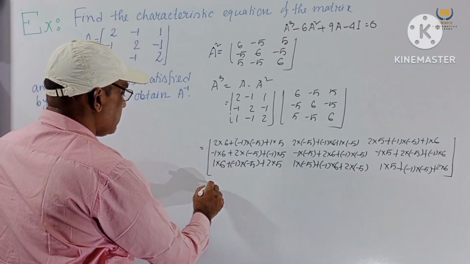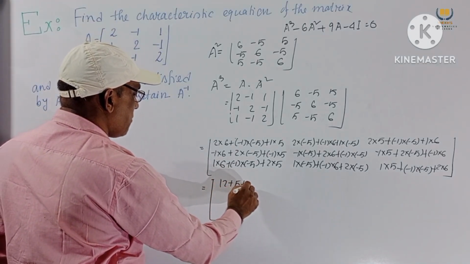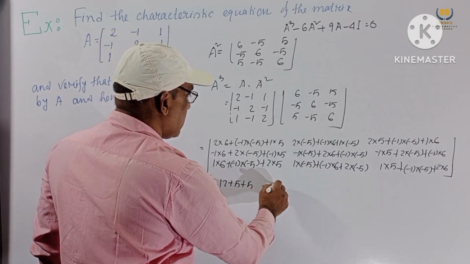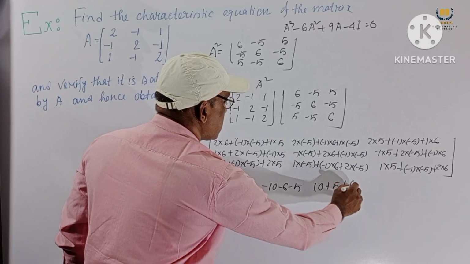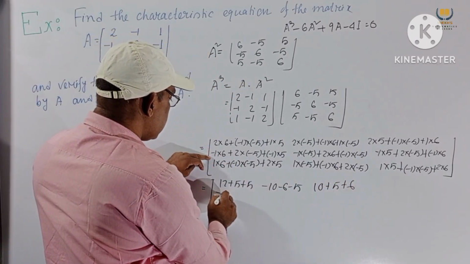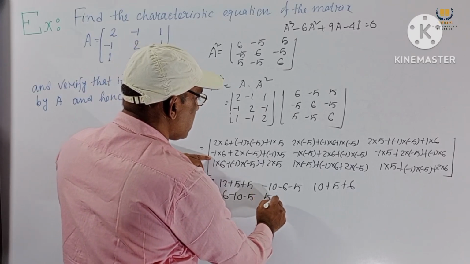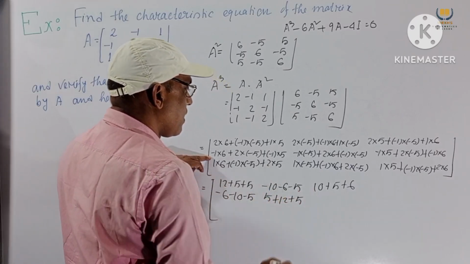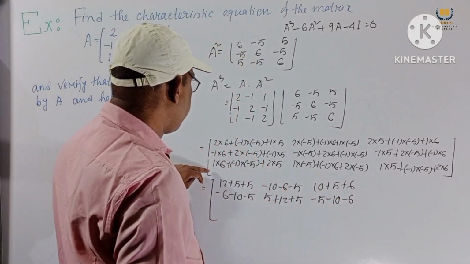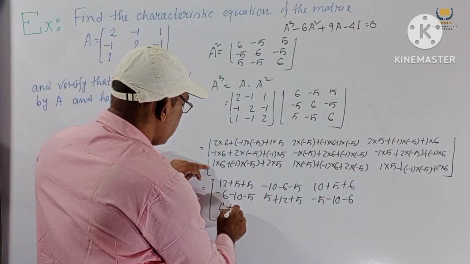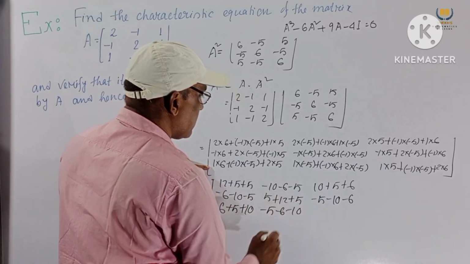So this will be 12 plus 5 plus 5. This is minus 10 minus 6 minus 5, 10 plus 5 plus 6. This is minus 6 minus 10 minus 5, and 5 plus 12 plus 5, and this is minus 5 minus 10 minus 6, 6 plus 5 plus 10, minus 5 minus 6 minus 10.